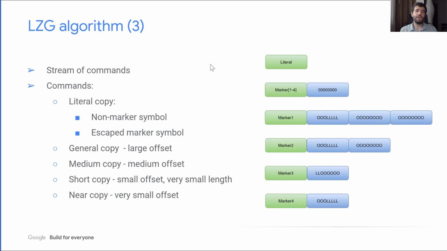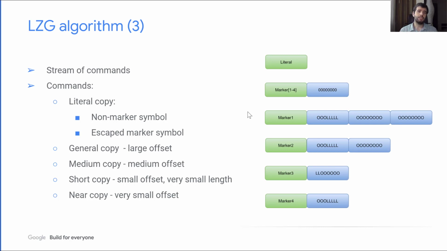The rest of the archive is composed of a stream of commands and data. In case of a non-marker or an escape marker, which is basically a marker followed by a 0 byte, the value is simply copied from the input file to the output file, and the actual commands are copy commands, and there are 4 of them, and each is preceded by its corresponding marker value.